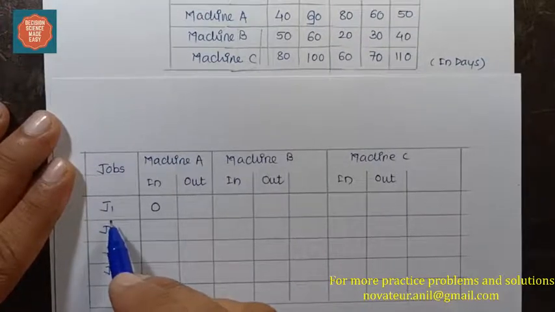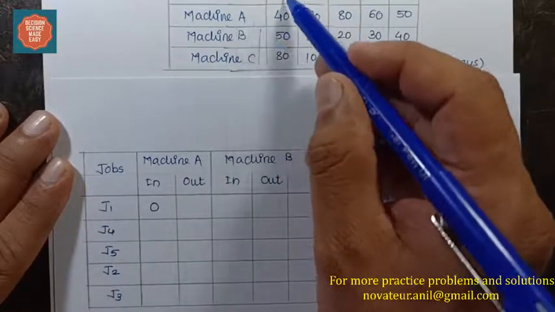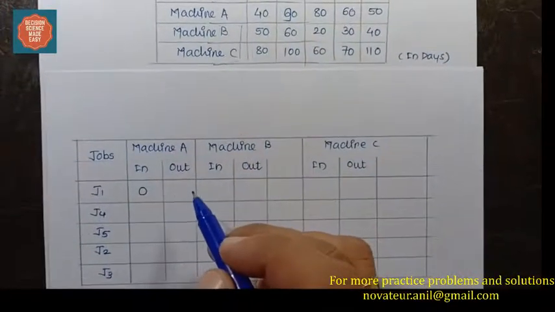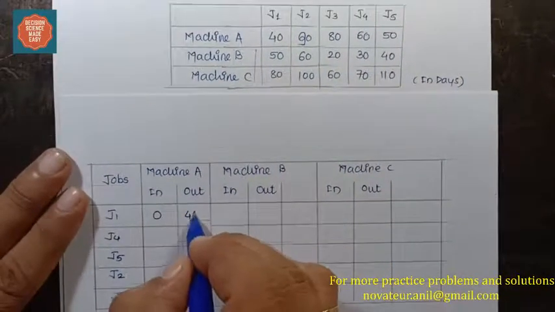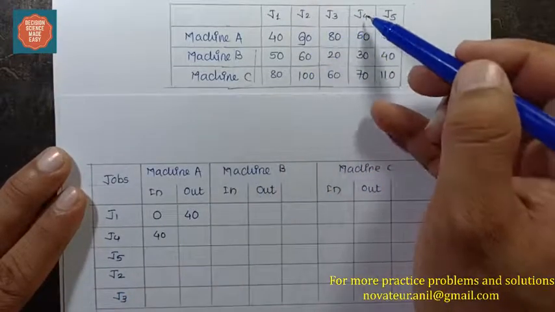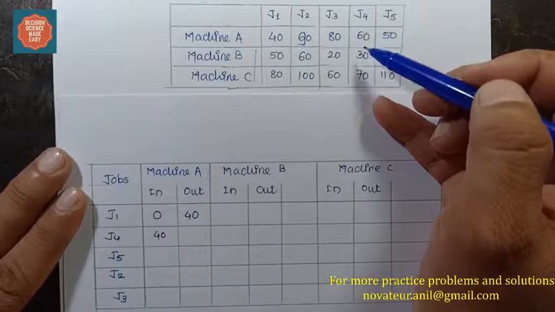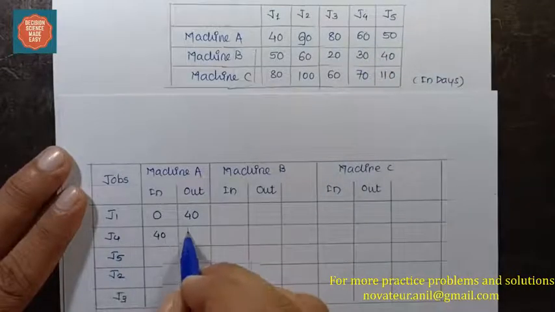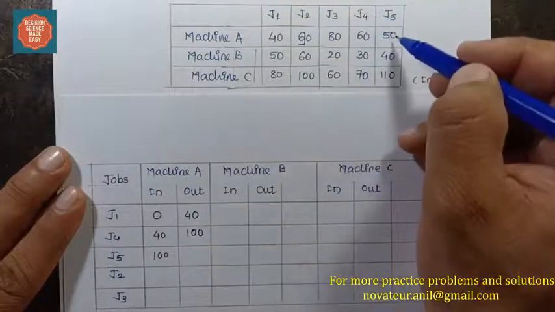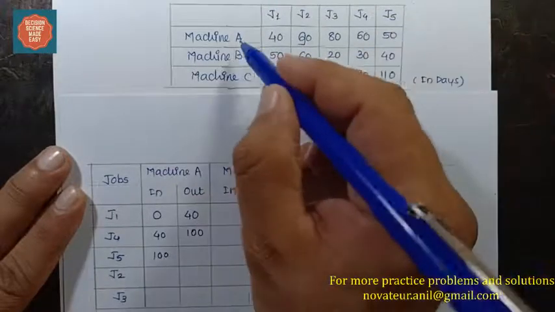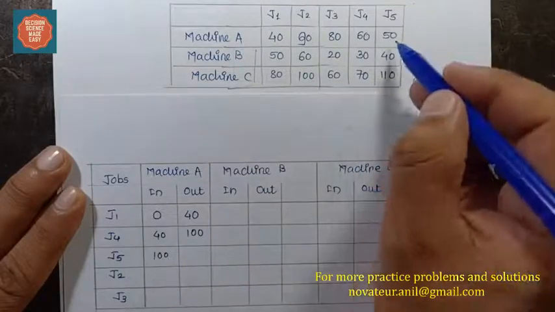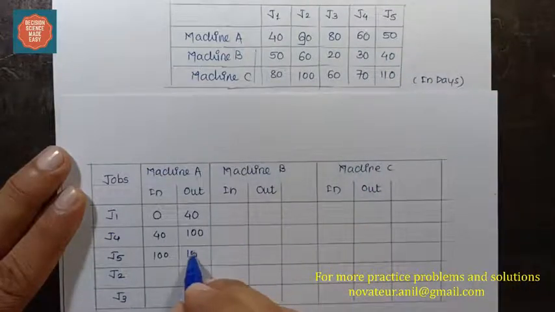Now I'm going to refer to J1 for machine A. Job 1 for machine A is 40, so this is nothing but 0 plus 40, so the out time will be 40. Immediately it will start processing the next job, that is job 4. The value is 60, so 60 plus 40 will be 100. Immediately for J5, the value for machine A, job 5, is 50, so 100 plus 50 is nothing but 150.